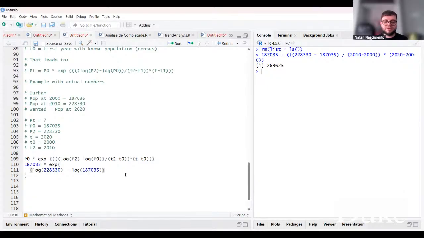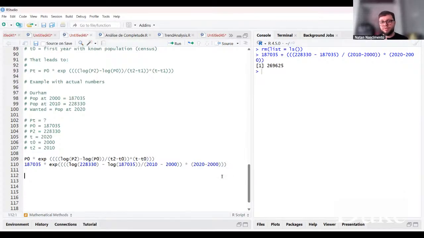So I create a parenthesis, divided by 2010, the second data point, minus 2000. And this must be made prior to the multiplication by 2020 minus 2000. And this must be made before the exponentiation. So now we have the exact same thing.